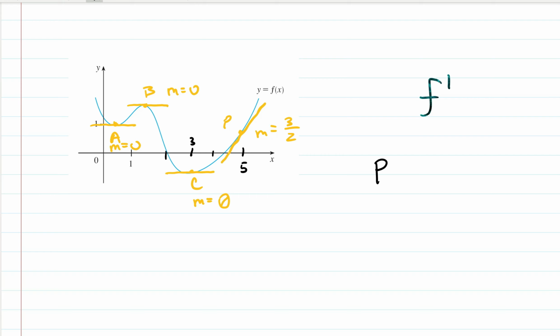So P will be at 5, comma, the slope we estimated, 1.5. So that's 5 comma 1.5. And then C is 3 comma 0.